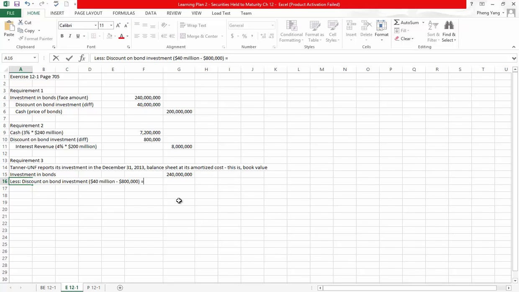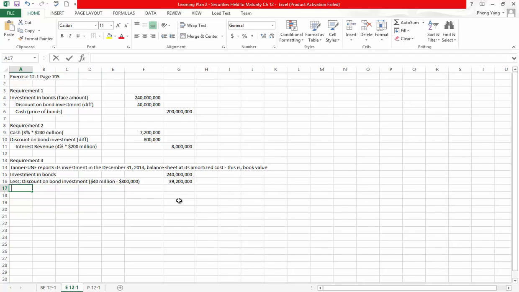So that's going to equal, let's do this here. Subtract that, and I'm going to put it right here. So if you do the 40 million minus 800,000, we're going to subtract 39,200,000.